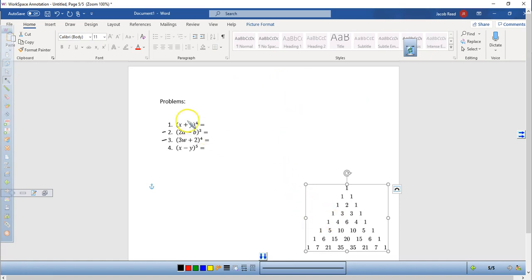So I'm going to do the setup looking at the row with the number 4. So that's this row right here, 1, 4, 6, 4, 1. Fill in my x's and y's.